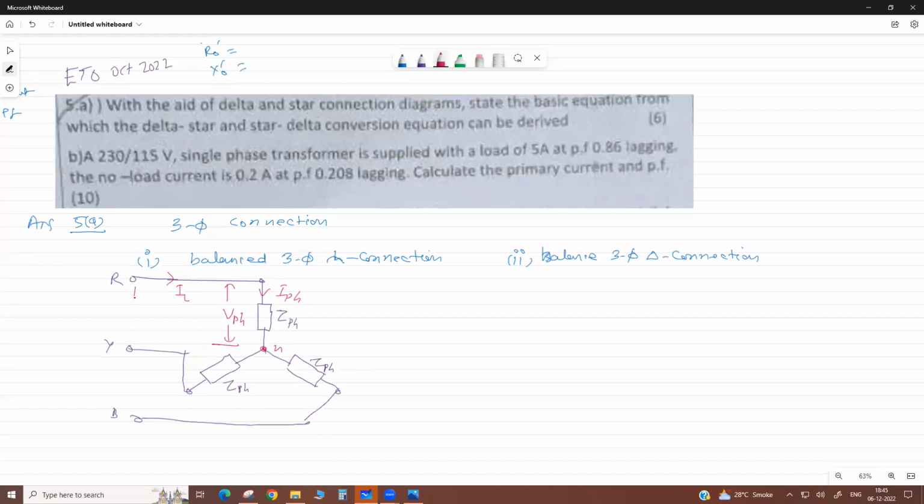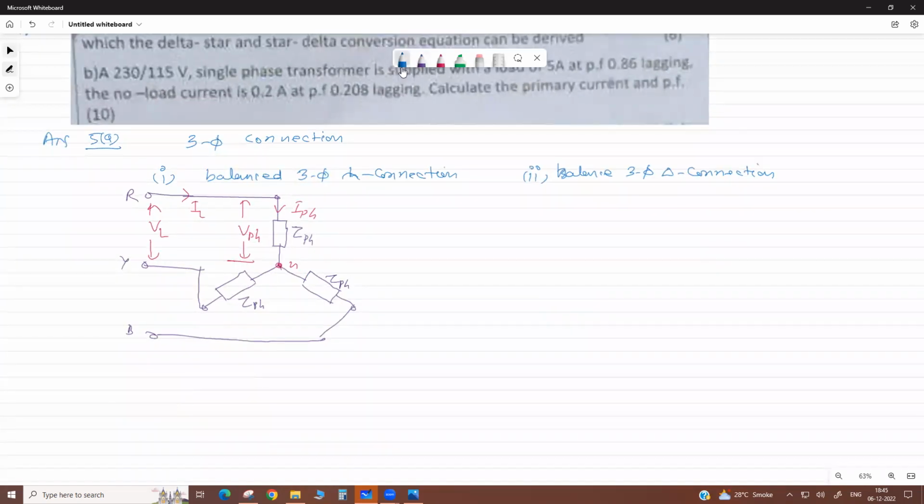But the voltage between any two phases is called line voltage. So for balanced three-phase star connection, the basic equation is line voltage equals √3 times phase voltage. But for delta, line current equals phase current.